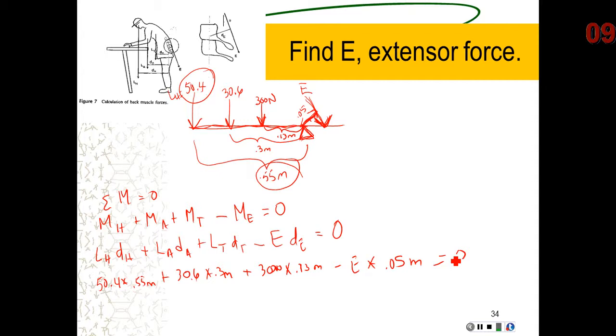The only unknown we're solving for is E, and so using your algebra, you find that E is equal to 1,518 newtons. Okay, so our muscular effort is 1,518 newtons.